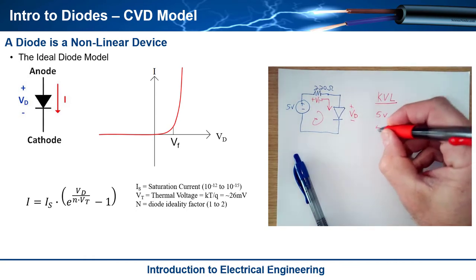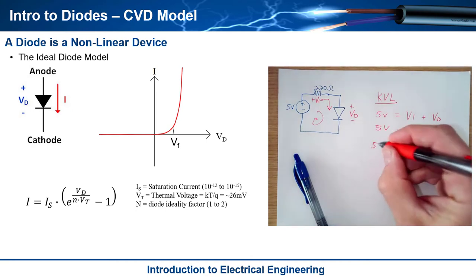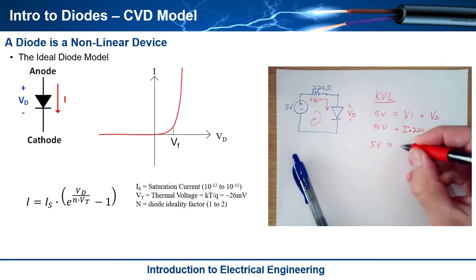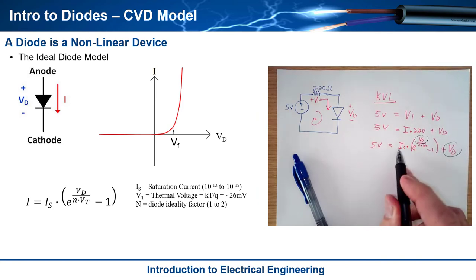And then I can drop in my awesome equation for a diode. So 5 volts is equal to IS, which is a constant, times e to the VD, which is a variable, over N, which is a constant, times VT, which is a constant, minus 1, times 220, plus VD. And so I can actually solve now. I have an equation in terms of VD and numbers, and so I've got it. Okay, right? Wrong.